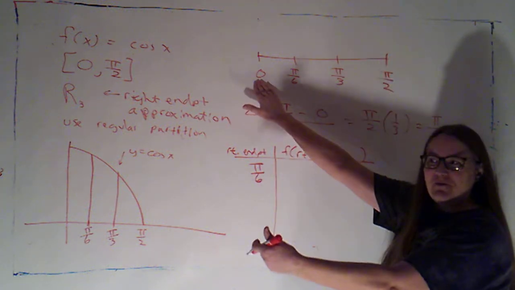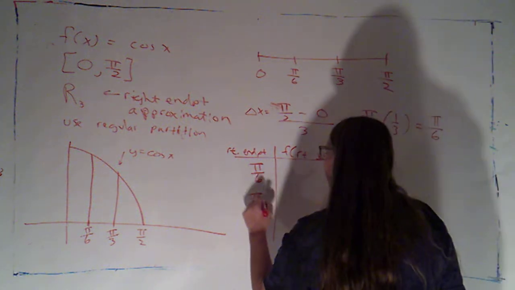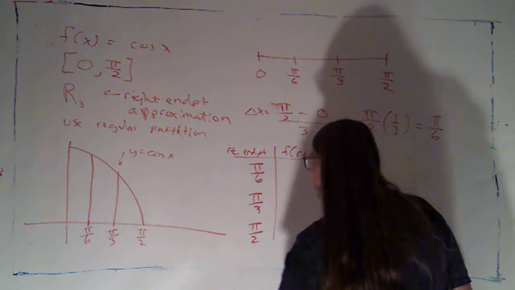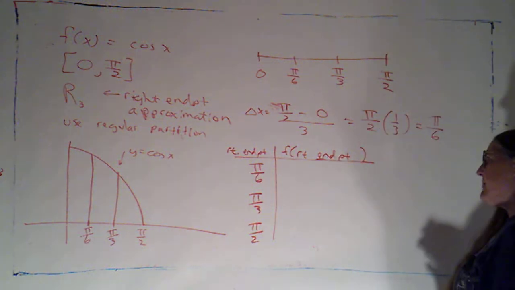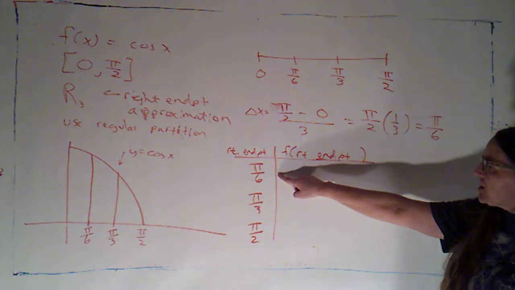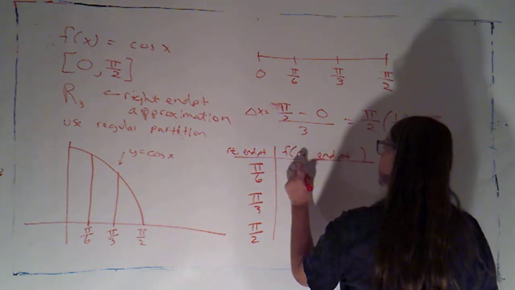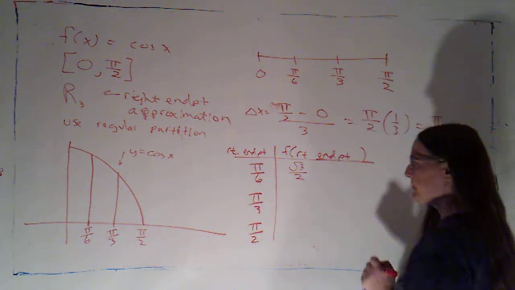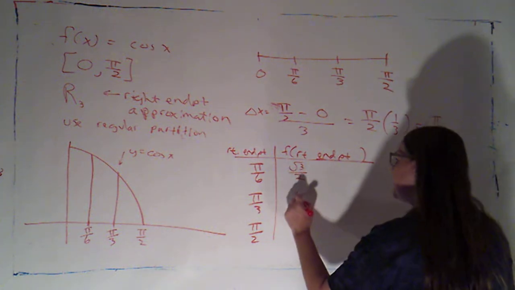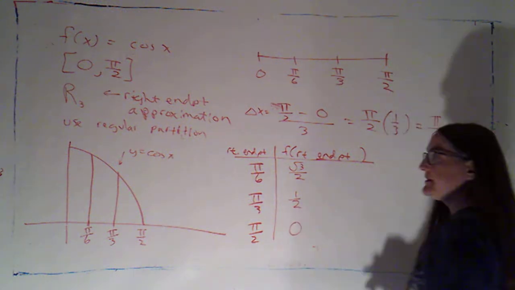It's the left endpoint of the entire interval. So pi over 6, pi over 3, and pi over 2 are going to be my sample points, my x values. The function at pi over 6 is cosine of pi over 6. That's root 3 over 2. At pi over 3, it's 1/2. And at pi over 2, it's 0.